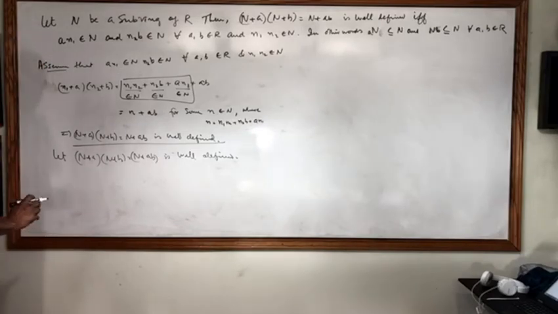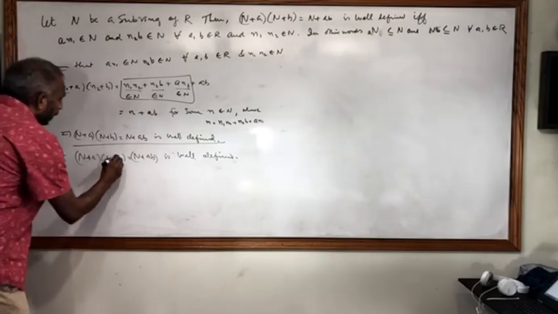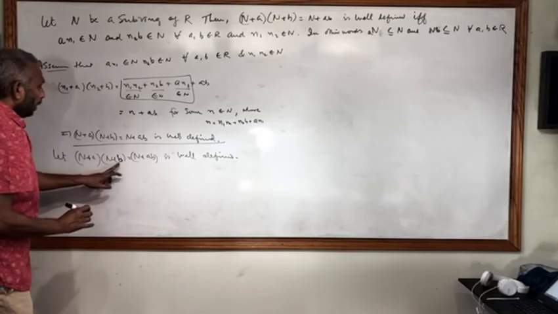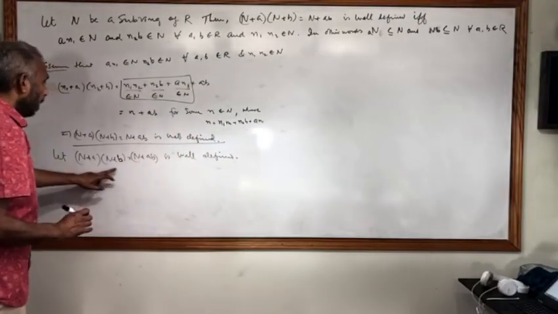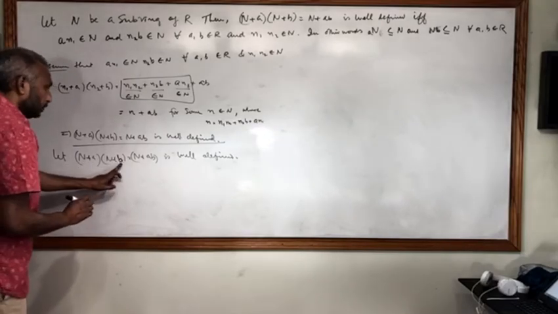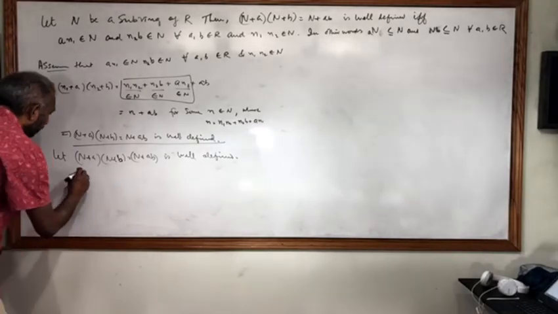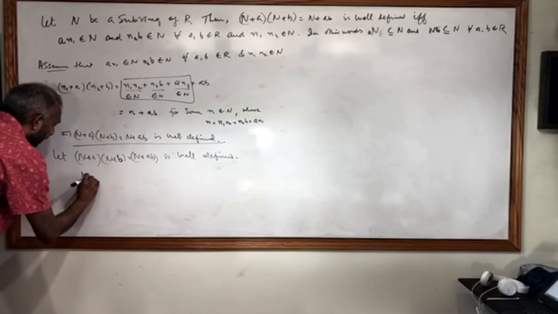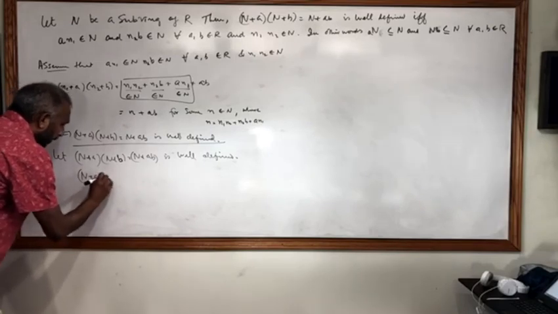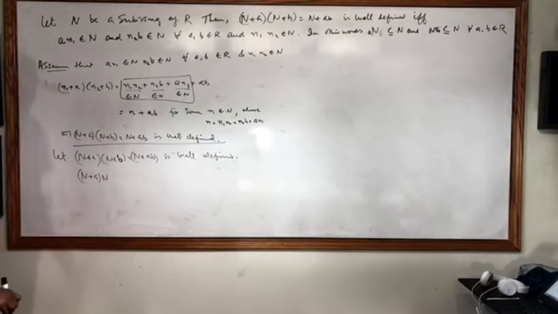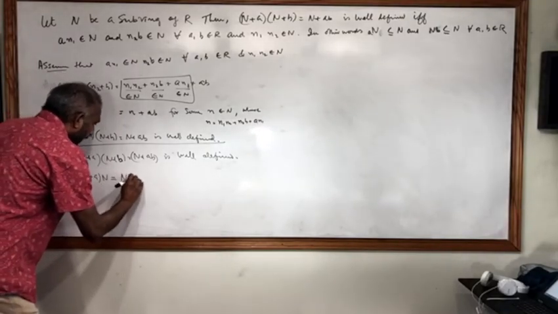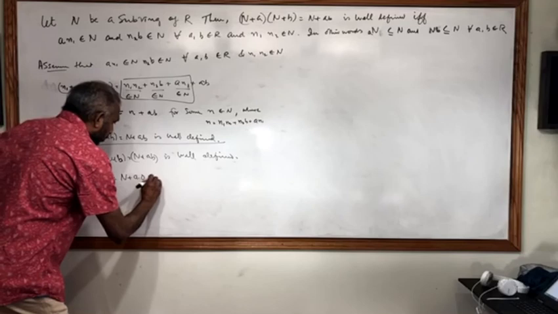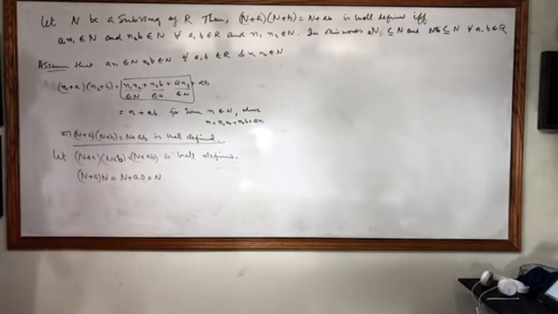So for all A and B in R, we will take B equal to 0. So this becomes N plus A times N is equal to N plus A times 0, and that is equal to N. Right?